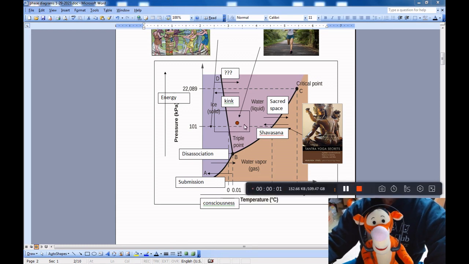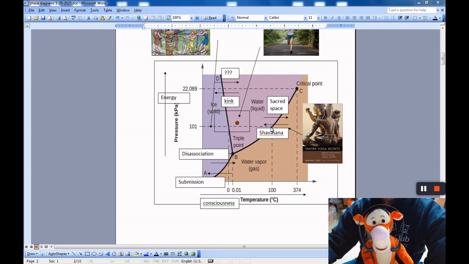To go from Runner Girl to Shakti at this phase boundary, we need to add a whole bunch of consciousness. No. In order to get consciousness to go, we need to add a whole bunch. Yeah. Let's rethink that.